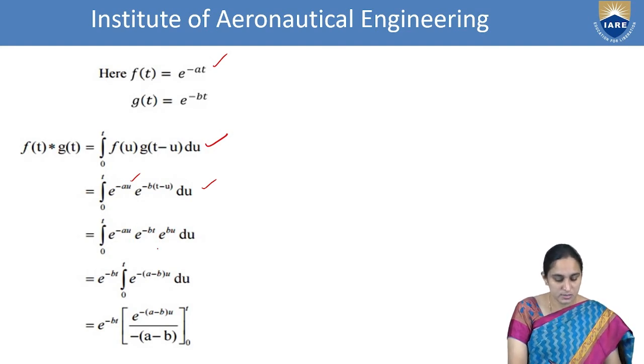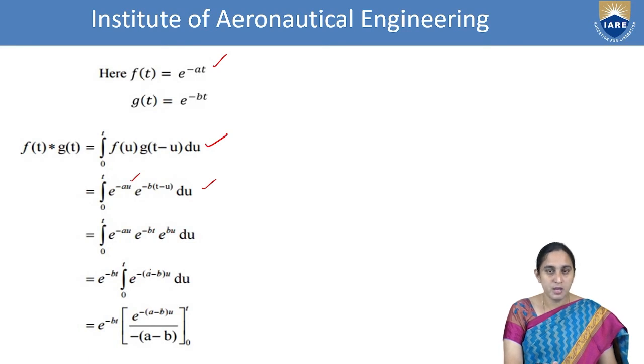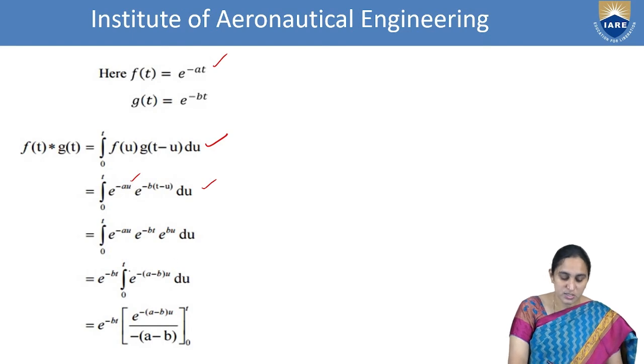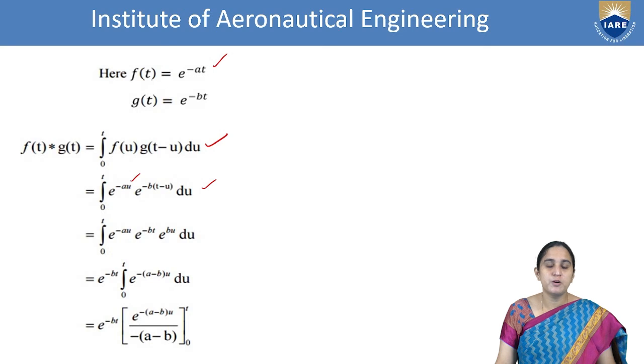Then here, what is the constant term? I'll take e power minus bt outside, and the remaining is the integral from 0 to t of e power minus (a minus b) into u du. Here the integration is in the form of e power x. The integral of e power 2x is e power 2x by 2.